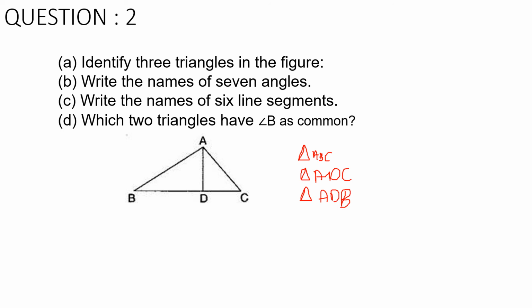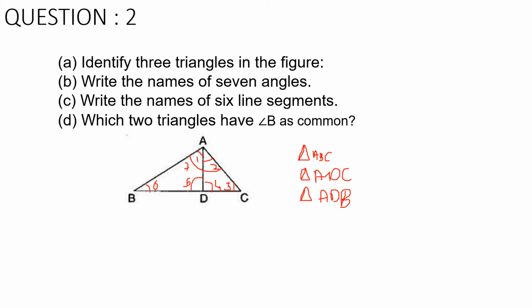Name the 7 angles. So angle 1, then 2. So let us name 1, 2, 3, 4, 5, 6. And also we'll consider this whole angle in triangle ABC, that is 7.